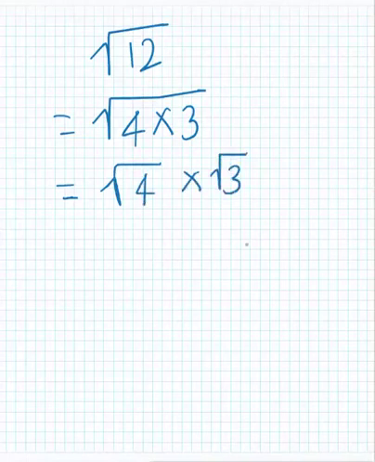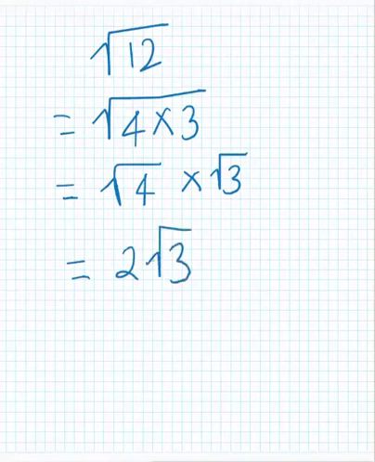A way to remember what to do when multiplying surds is to think of this. When simplifying, we are breaking down that law when it comes to multiplying surds, and that is we had 4 times 3 both under the square root, and now they're both separated. So to go backwards, you just go 4 times 3 to give you 12, and we know that this would equal the square root of 4 is 2, and the square root of 3 stays the same.